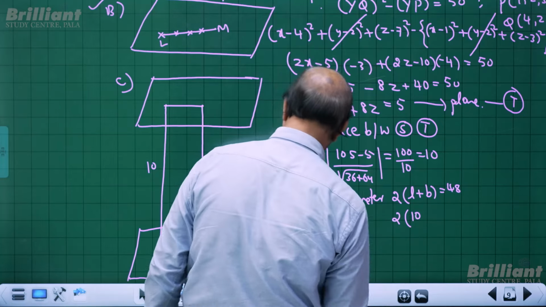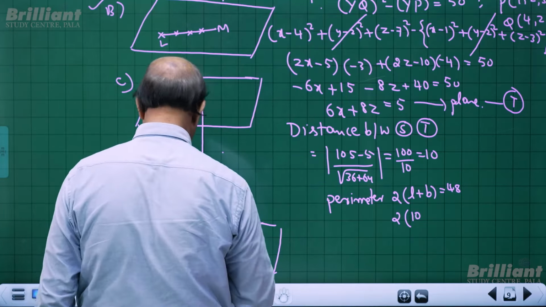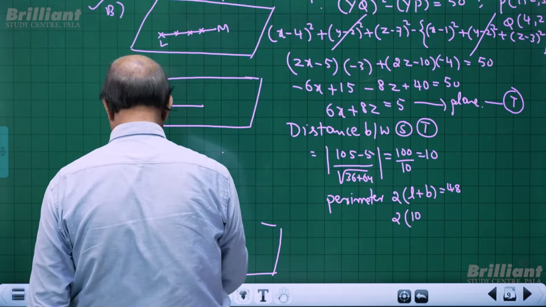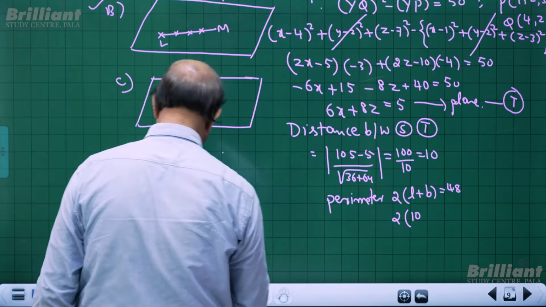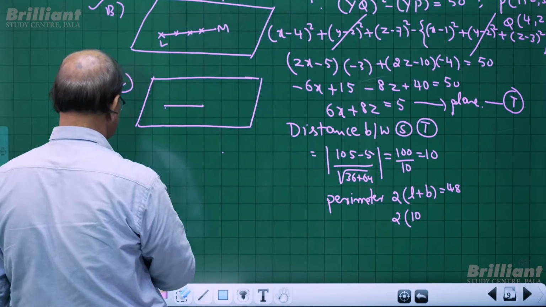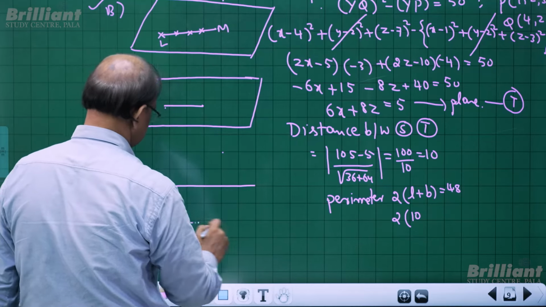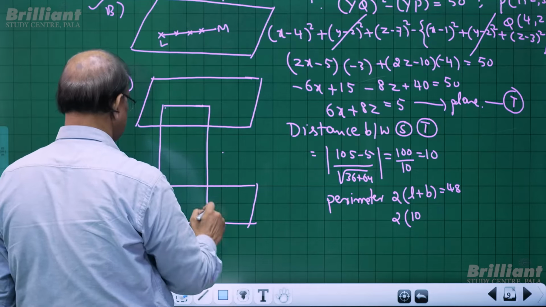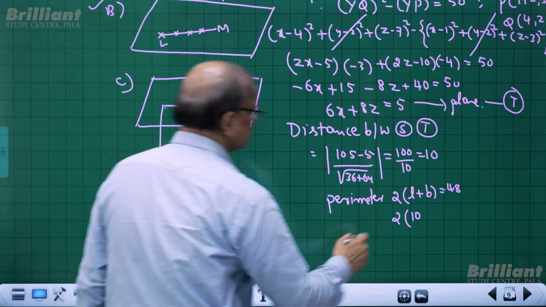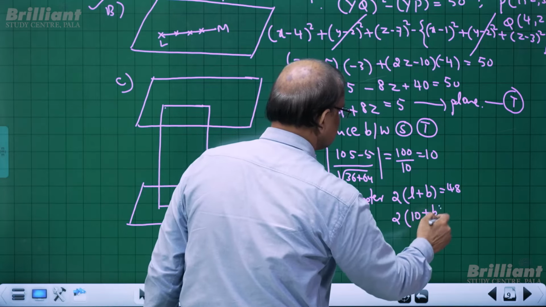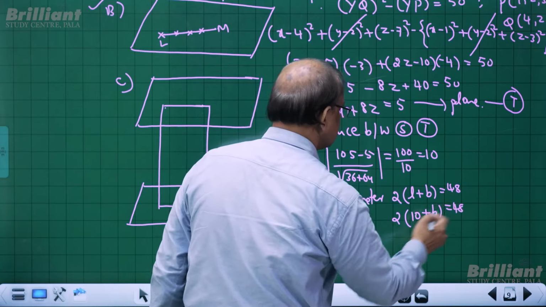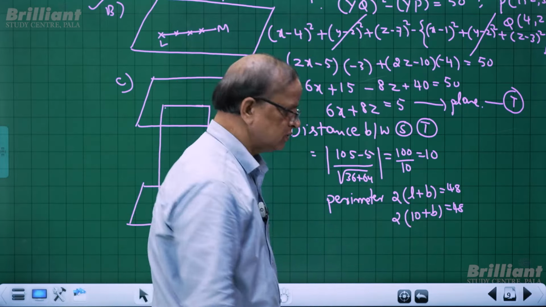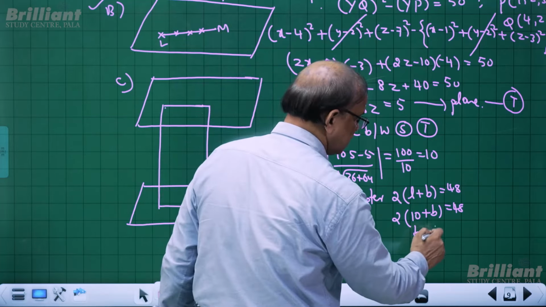Of course, in the figure you have to take this distance a bit less, so nearer, I will take like this. So, this is 10, this is B, that means 48. Therefore, 24 minus 10, so B is 14.